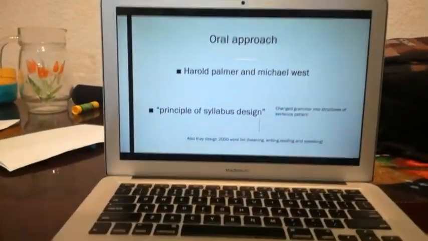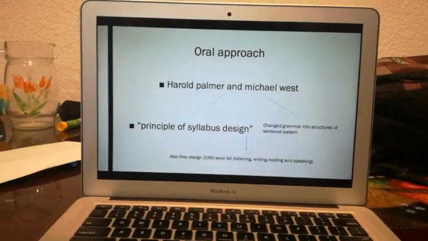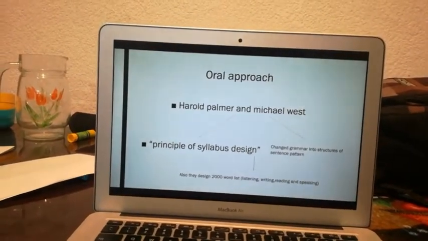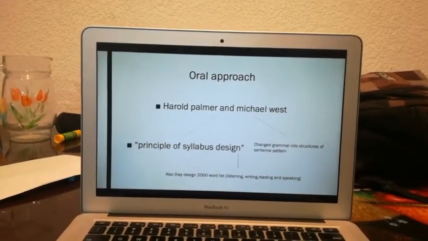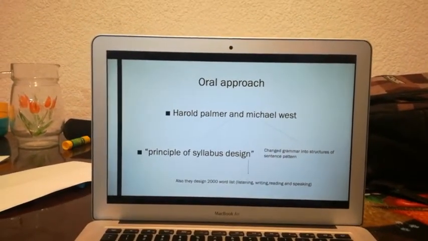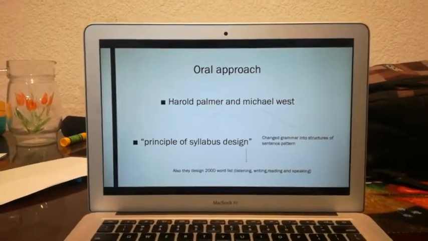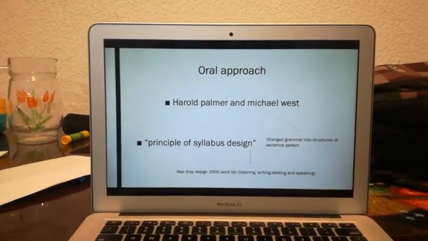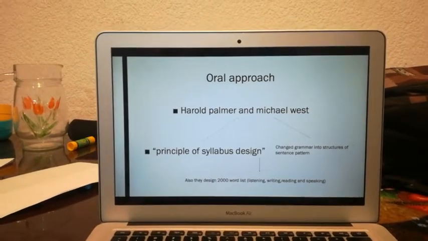According to Harold Palmer and Michael West, it has the principle of syllabus design. So they designed these syllabuses, and they also changed grammar into structures of sentence patterns. And finally, they designed about 2,000-word lists.